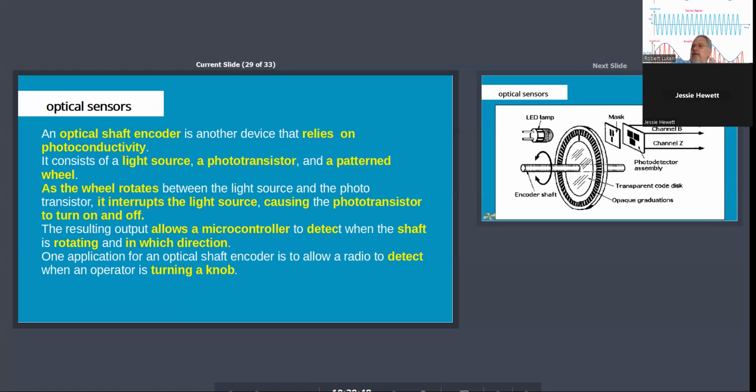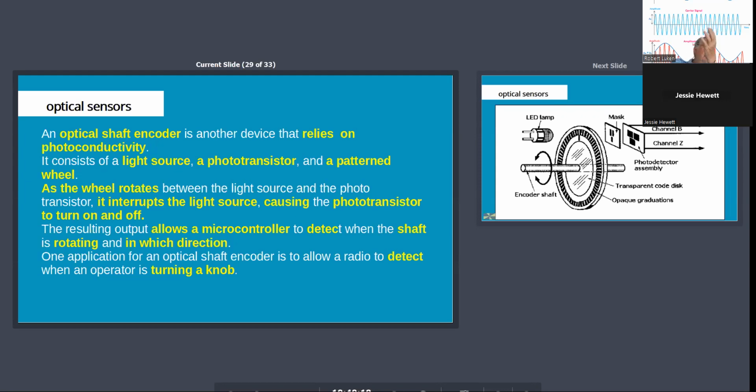So basically you've got some kind of light source, usually an LED, a detector, and a wheel of some sort, an interrupter that has holes in it to let the light through in specific patterns. Normally you'll have three outputs. You'll have an A and a B, a quadrature output, like I and Q, so you can tell direction.